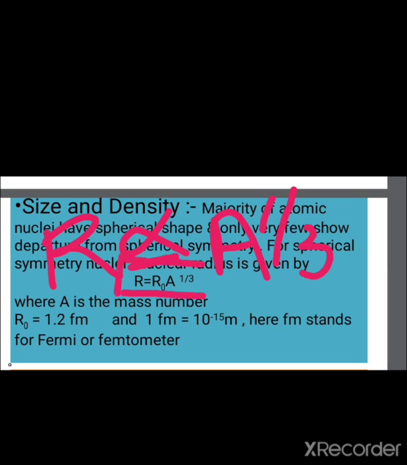So the equation becomes R = R0 A^(1/3), where R0 is a constant of proportionality and its value is 1.2 fm, where fm is Fermi or femtometer, and 1 fm is equal to 10^-15 meter. You can also remember that R0 is known as the nuclear radius parameter.